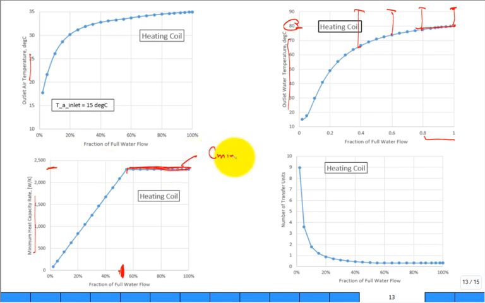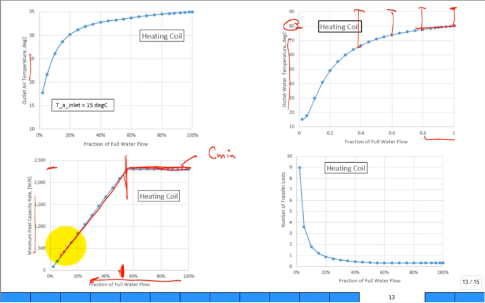C min, the minimum heat capacity rate. Because it's the air. And then finally, as I continue to reduce the mass flow rate of the water, finally the water is now at the minimum. And as I reduce it, it's 1-to-1.